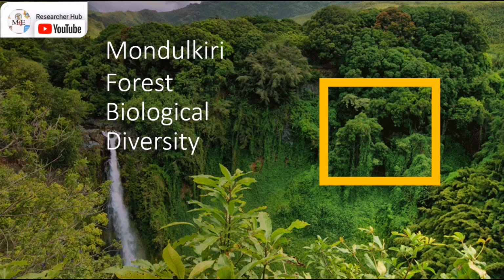Therefore, one of our indicators looked at forest biological diversity. We said that to prove the effectiveness of our project, we would look at the improvement of the forest biological diversity. It sounds like a very good measurement to prove the effectiveness of our project.